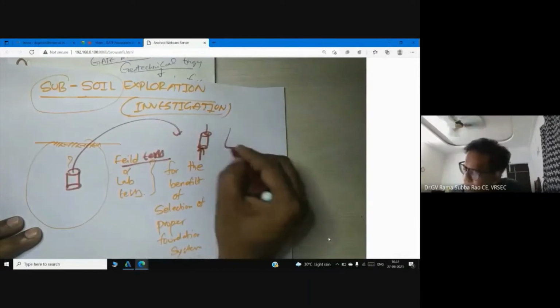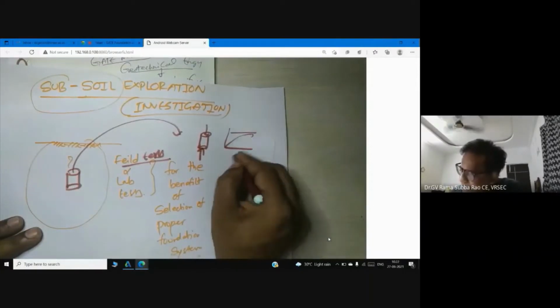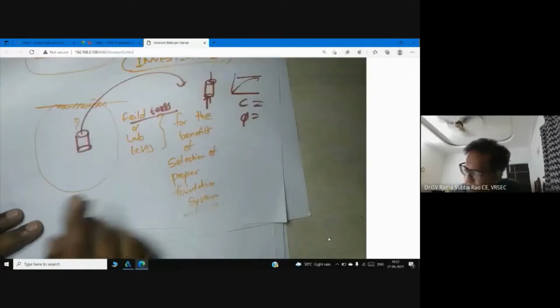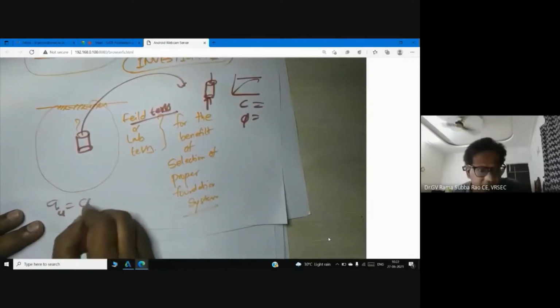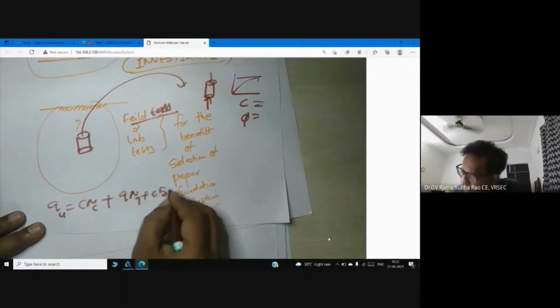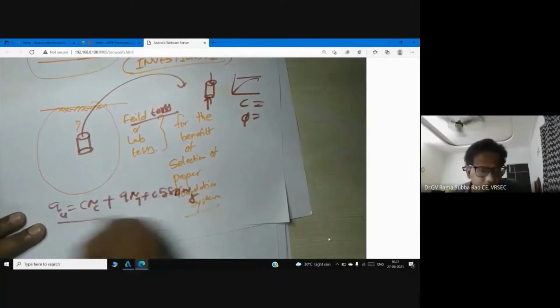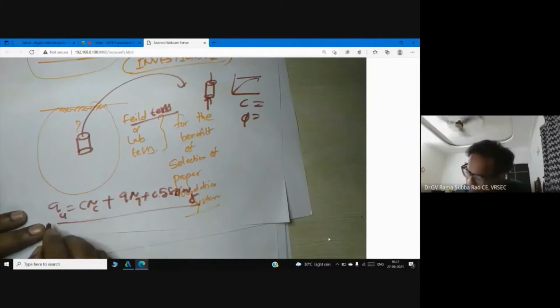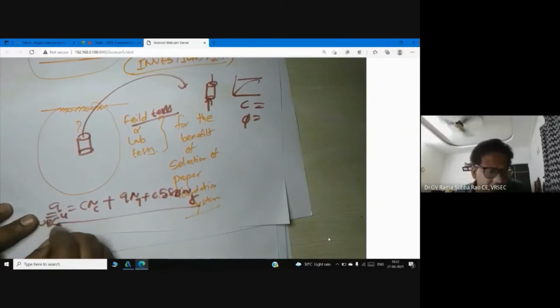From that we can assess C, N, phi, what we say c-phi. So once you know c and phi, I can calculate bearing capacity: c Nc, q Nq, 0.5 gamma B N gamma. This is the fundamental bearing capacity equation proposed by Terzaghi. From this we can calculate ultimate bearing capacity.